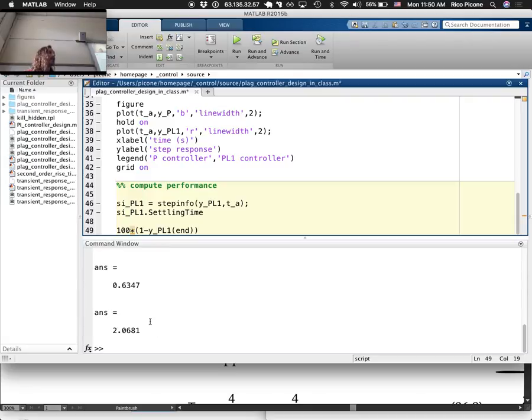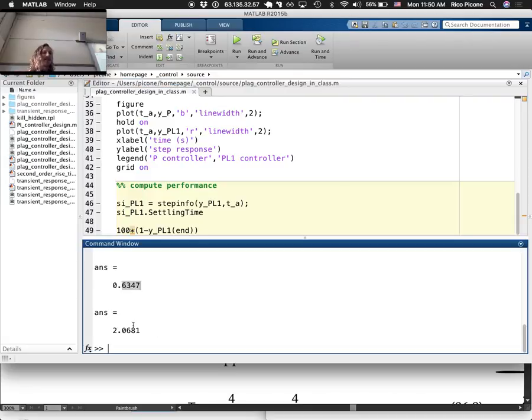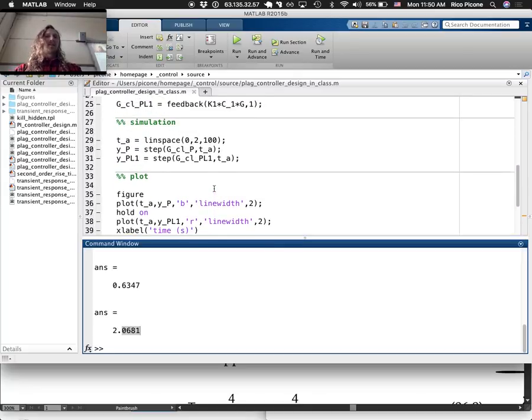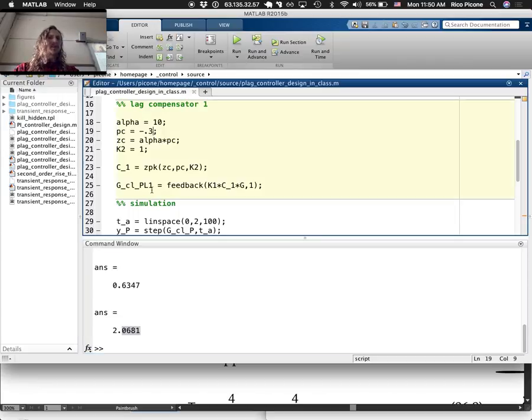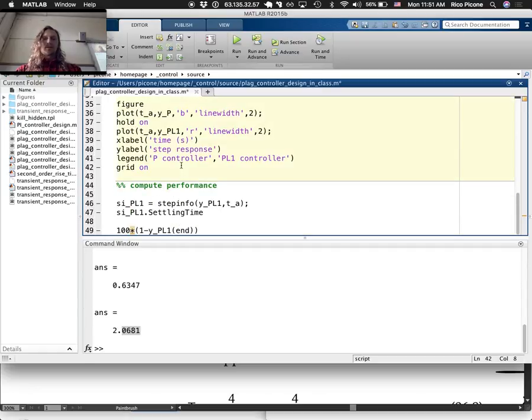So we're getting close, right? With our transient, we're getting close with our settling time. So what we could do, we could try moving this leftward more, or we could increase our gain a little bit. So let's try that just to see how we do. Looks like it improved.